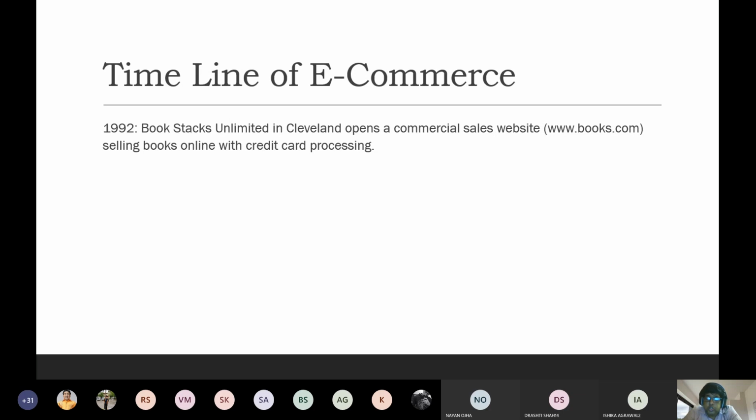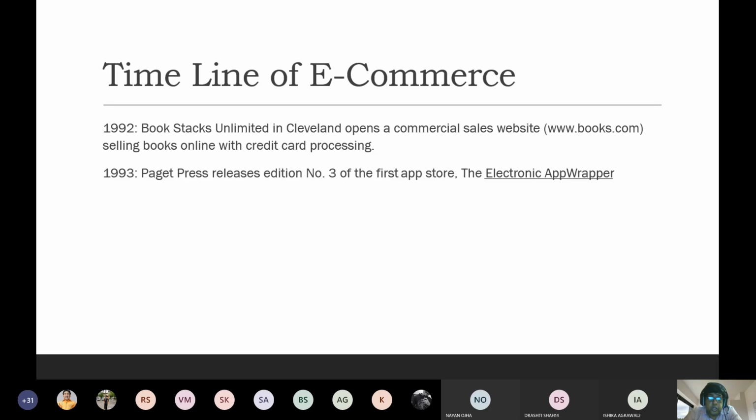The first companies involved in allowing credit card transactions were none other than MasterCard and Visa.